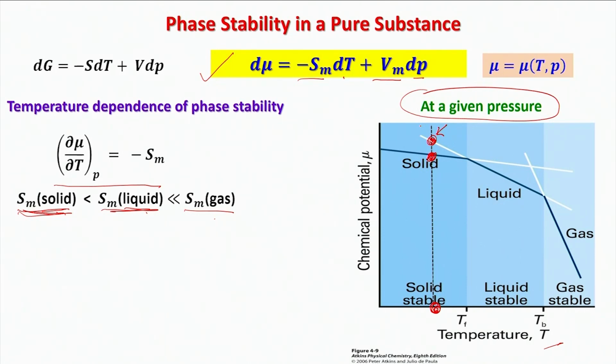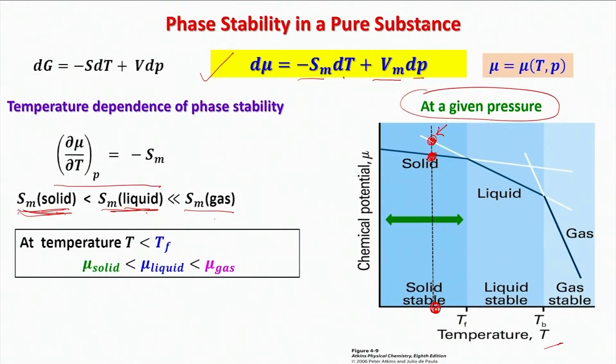And also, I have the chemical potential of the gas way above somewhere here. As a result, I make this note that over this range of temperature, where T is less than Tf, mu solid is minimum and mu gas is maximum. Therefore, even if I prepare the states supercooled gas or supercooled liquid, then they will be ready to undergo an irreversible transformation from the liquid or the gas phase to the solid.